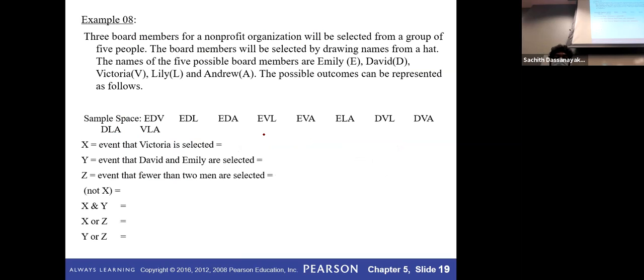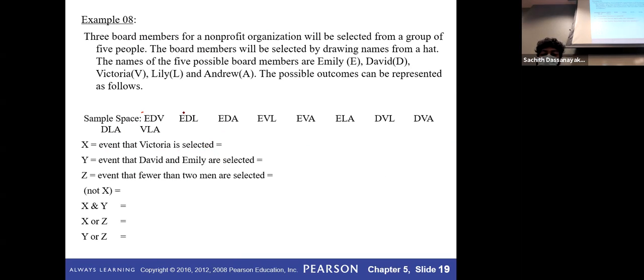Okay, let's check this one. Five possible board members, three to be chosen. Possible outcomes can be represented as follows. They have given all possible outcomes, which means your sample space. Event X is that Victoria is selected. So V is selected.